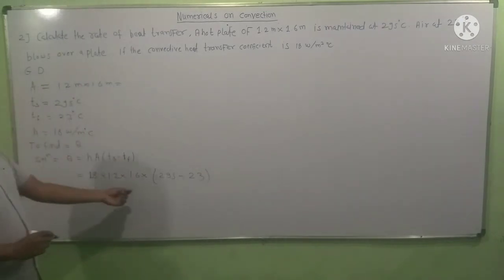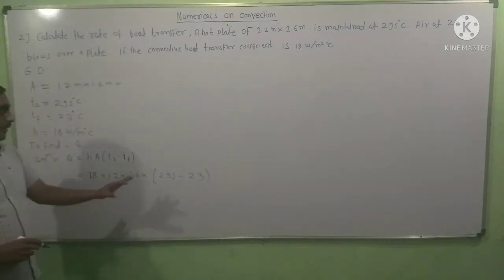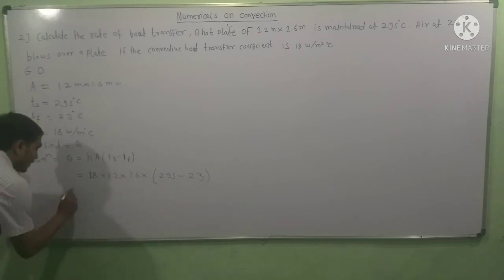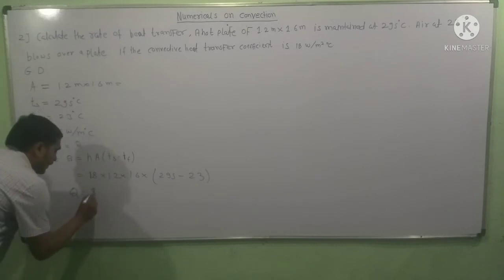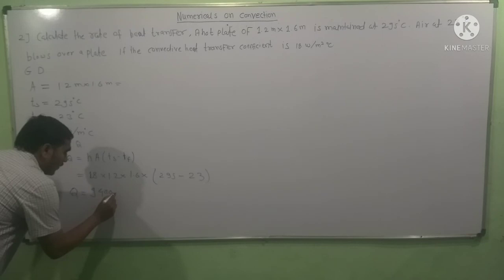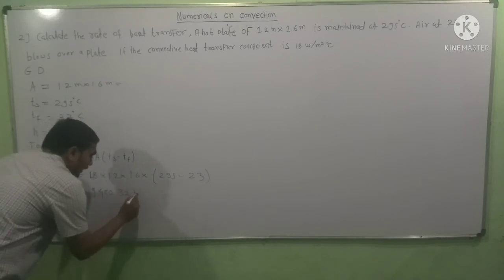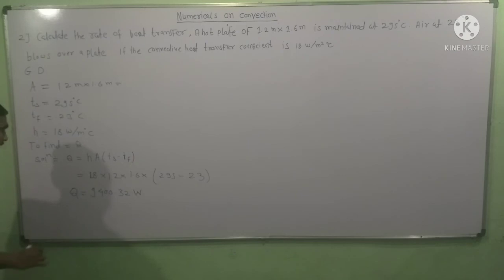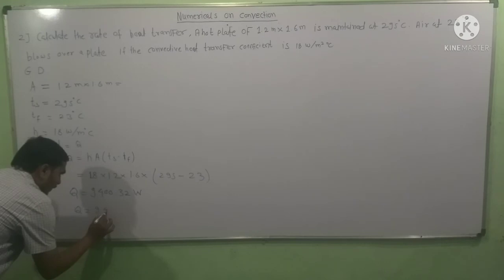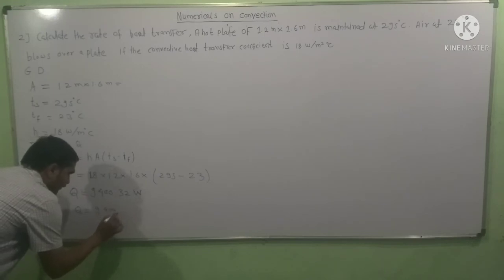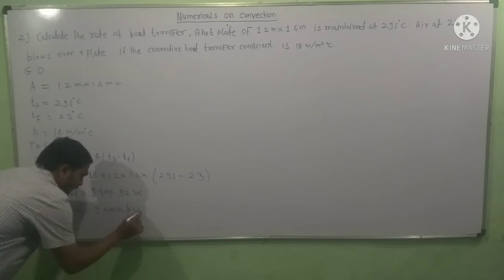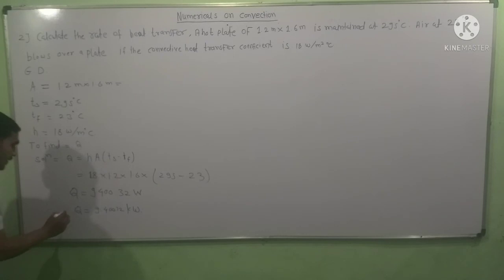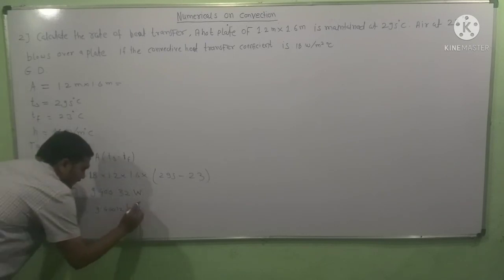Dear friends, put the values in the calculator and find the answer. Rate of heat transfer Q equals 9400.32 watt. This can be written as Q equals 9.40032 kilowatt. You can write in this format. So this is nothing but your rate of heat transfer.